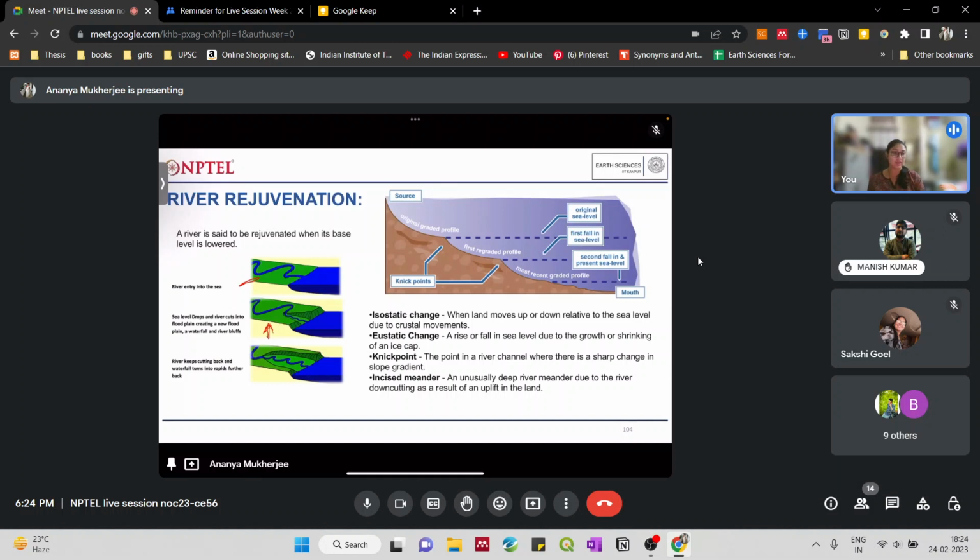Now, to flow to the sea, it has to cut through that area. The floodplain has already developed. Now the river, because the relief has changed, will cut through the floodplain that has already been created. Then it will create a new floodplain with respect to the sea level that is now present. And the area where the relief has changed might form a waterfall.